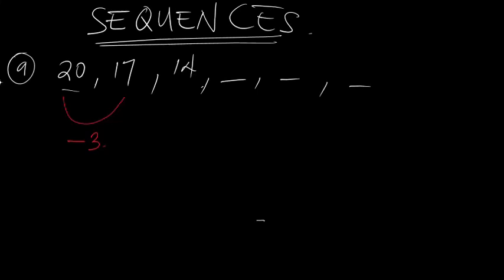If you add minus 3 to 20, it will give you 17. If you add minus 3 to 17, it gives you 14. So the next number, if we add minus 3 to 14, it will give us 11.